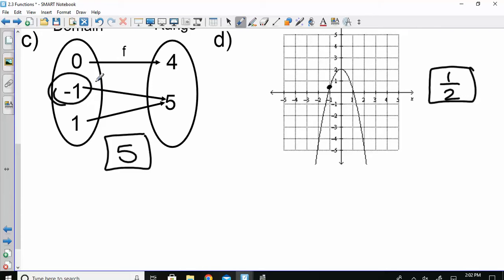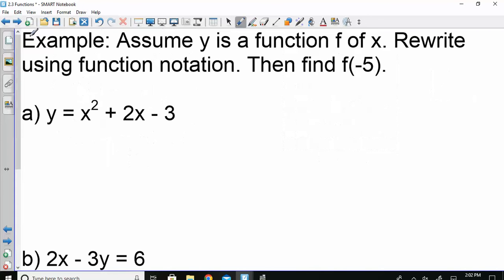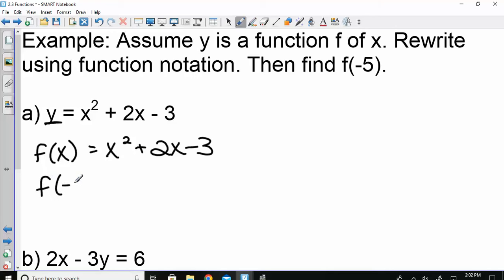Sometimes we may take equations and put them in function notation. So you just have to remember that the f of x replaces the y. So if I gave you this one, if I said put this in function notation, you just change your y to f of x. So then what's f of -5?